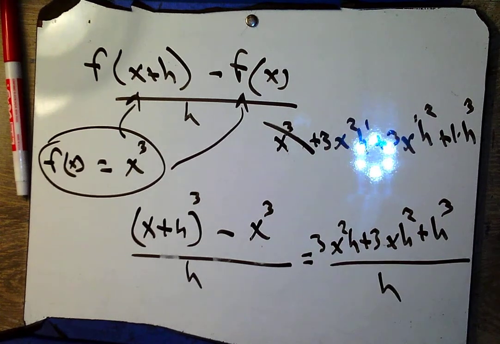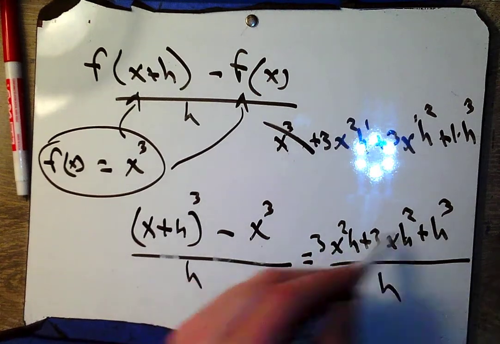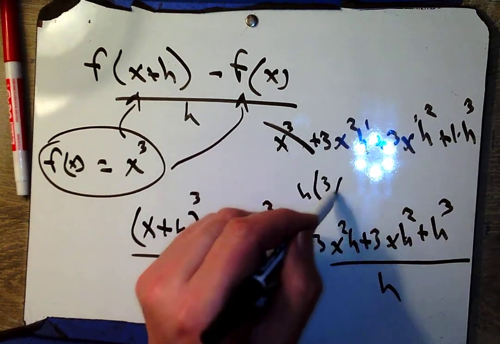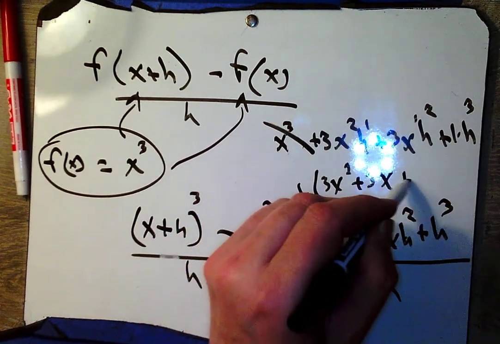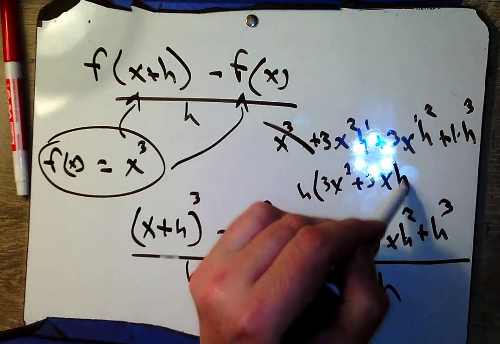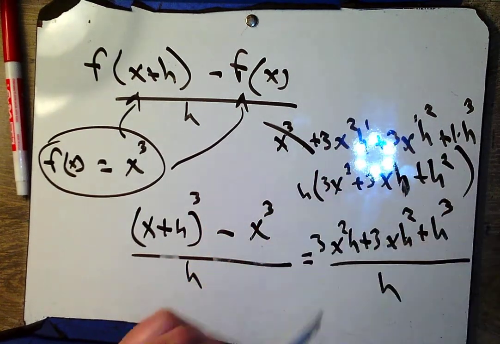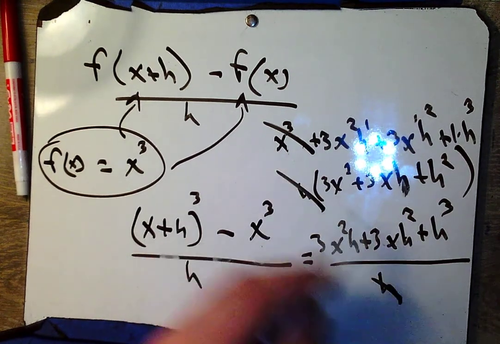And notice how each of these has an h in it. I can factor out an h on top. 3x squared plus 3xh plus h squared. And so then I can cancel that h with that h.